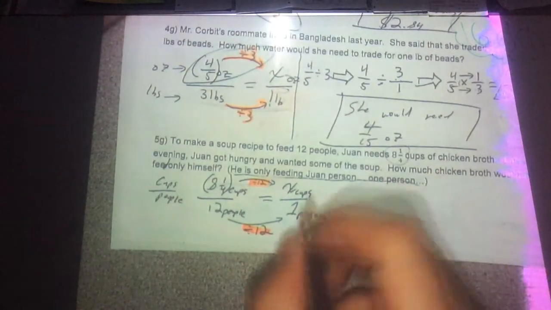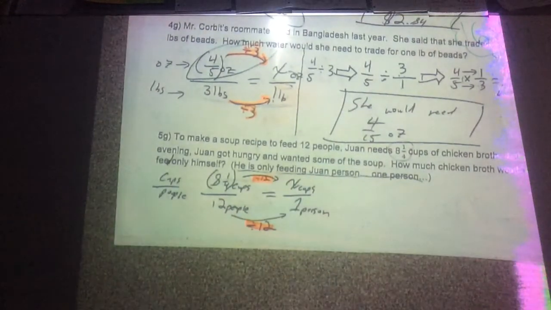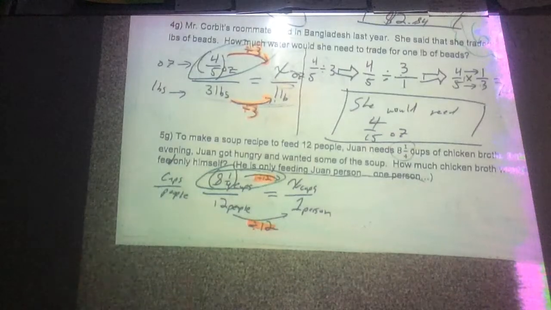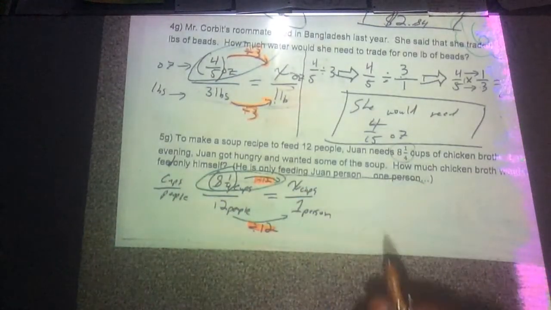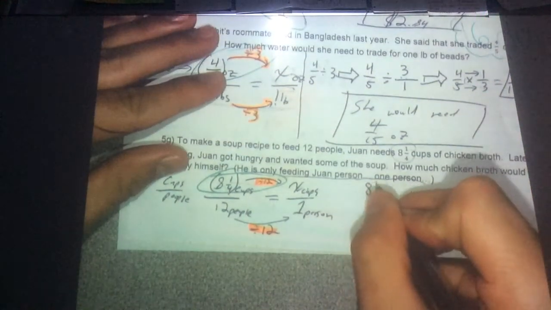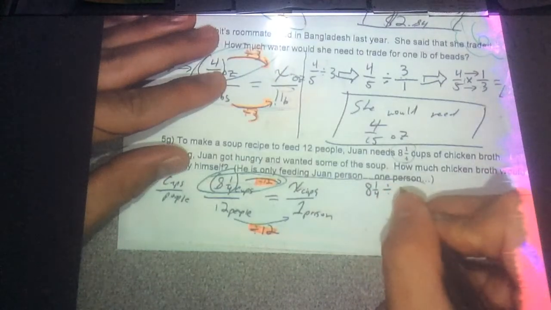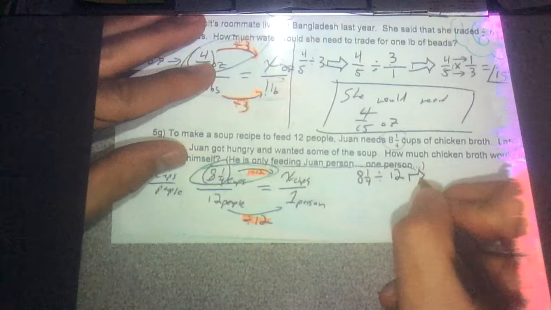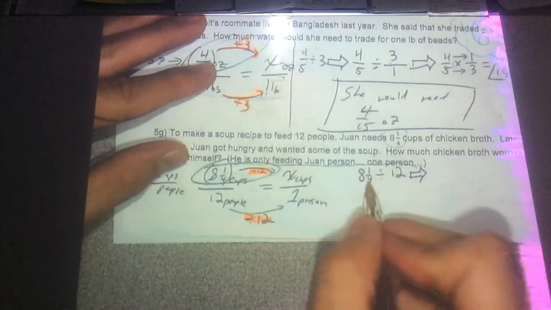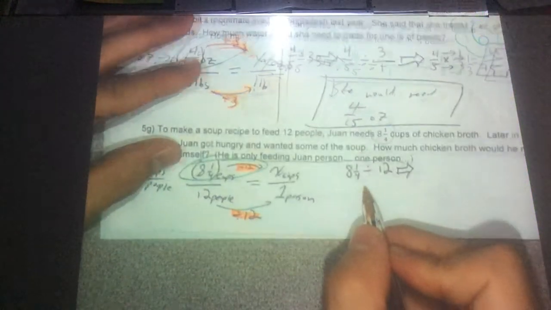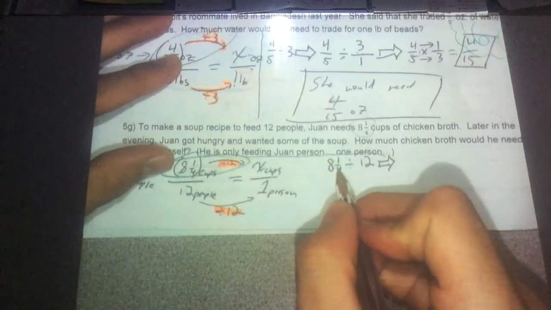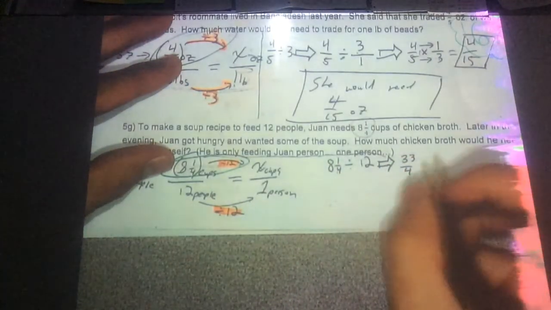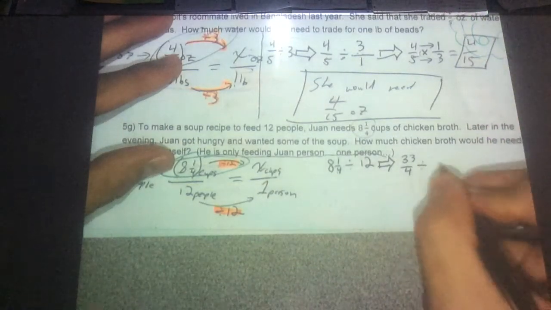Okay, so the key operation right here is this. 8 1/4 divided by 12 is going to give me X. Now there's a couple more steps we've got to do, so let's first turn the 8 1/4 into an improper fraction. 8 times 4 is 32, plus 1 is 33 over 4, and then divided by 12.